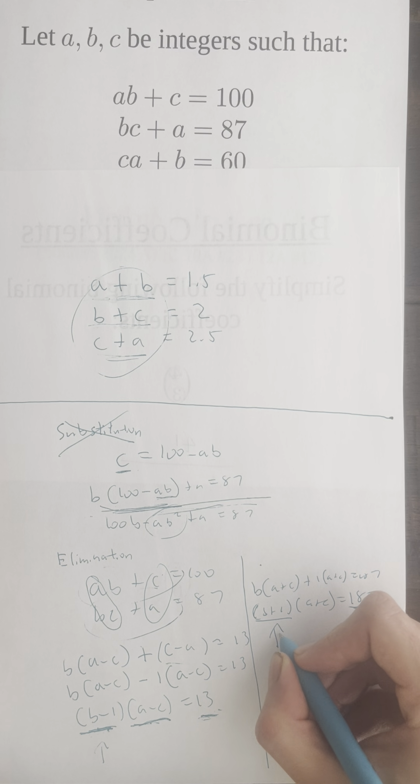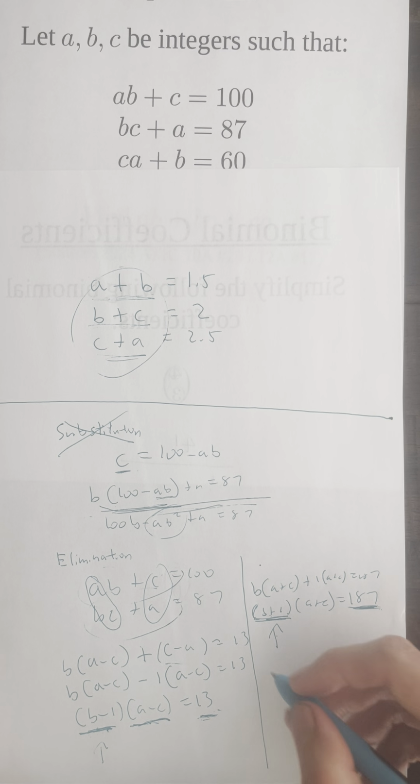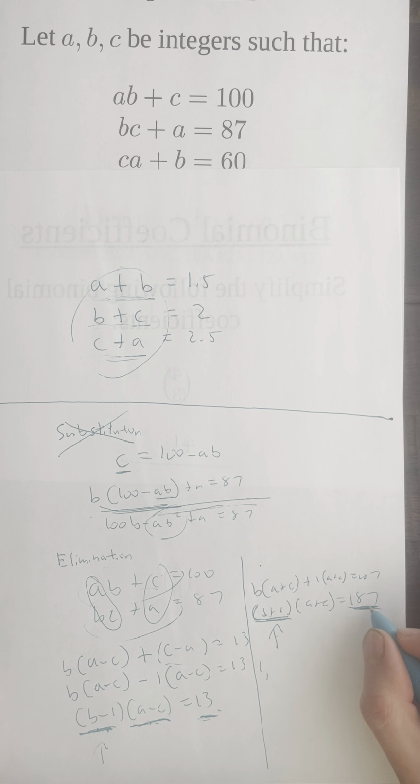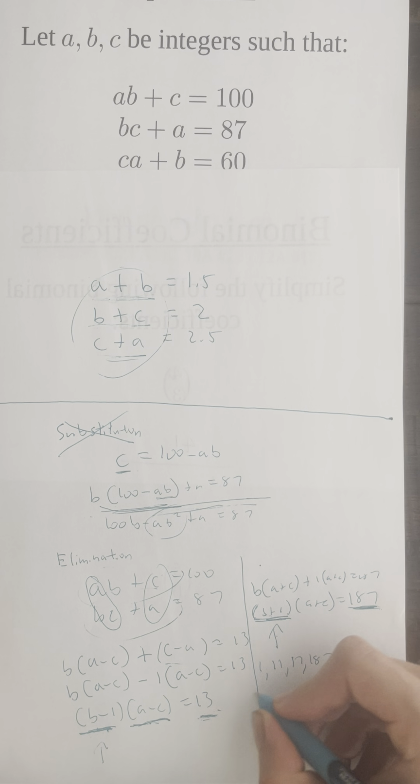So this can take on a lot more values. Like this could be 1, it could be 11, it could be 17. These are all divisors of 187. It could be 187. This could also be -1, -11, -17, -187.